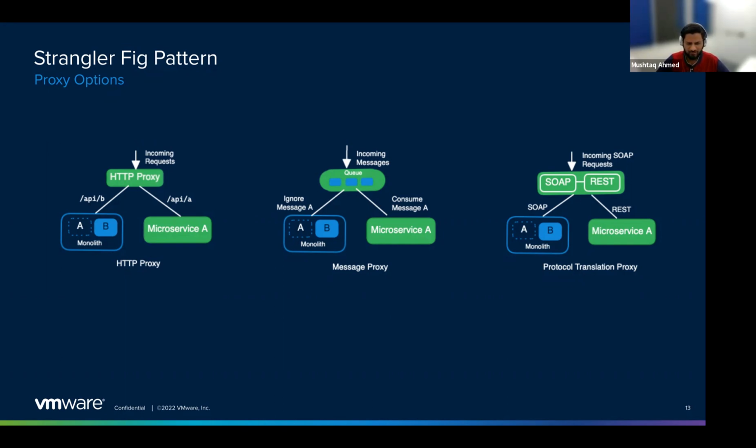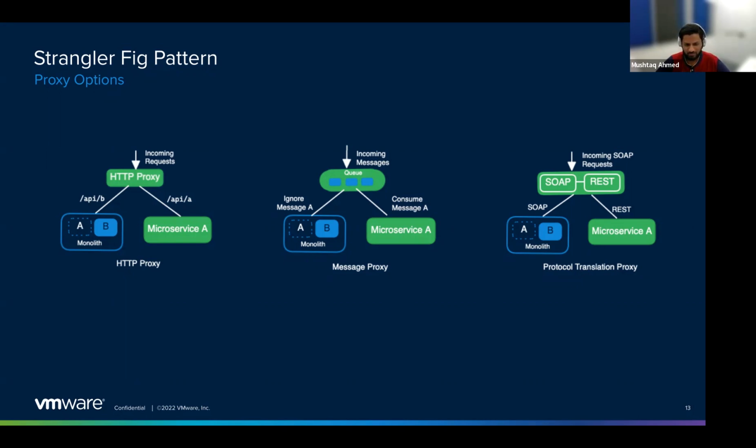A third scenario is where the monolith receives inbound traffic using a legacy protocol. For example, the monolith currently exposes a SOAP-based HTTP interface, but the new microservice is going to support a REST-based interface. We could then configure a proxy that transforms the requests and responses accordingly.